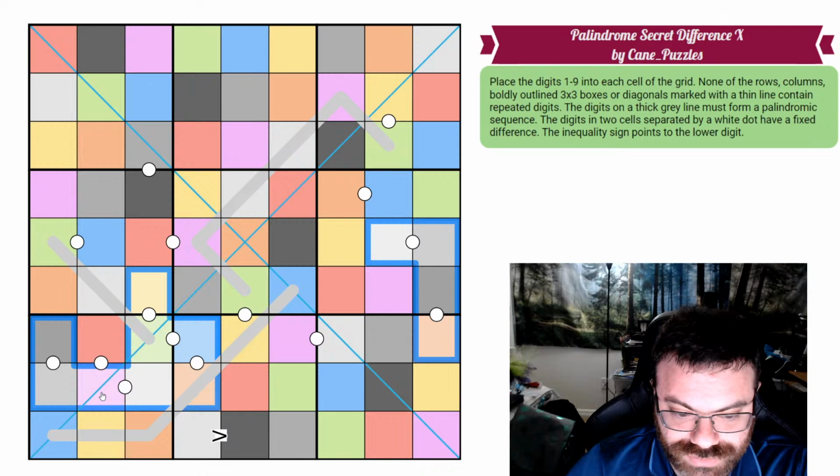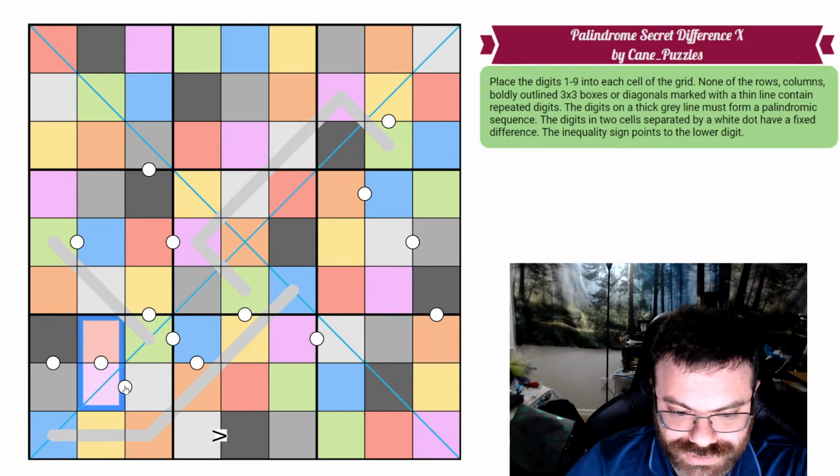Light gray goes to purple. Purple goes to red. And I think that's all the colors. So we go red, purple, light gray. Light gray is bigger than black, so red is 9.